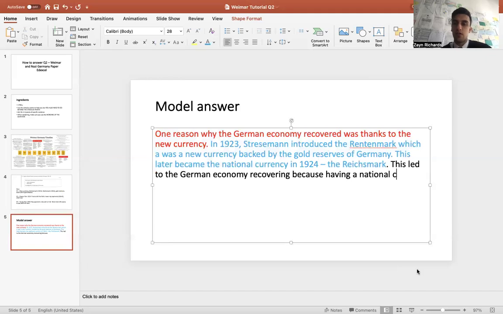grounded in the price of gold meant that the currency was much more trustworthy.